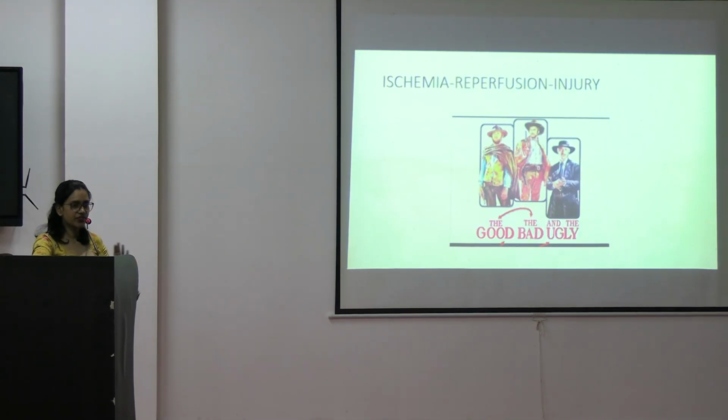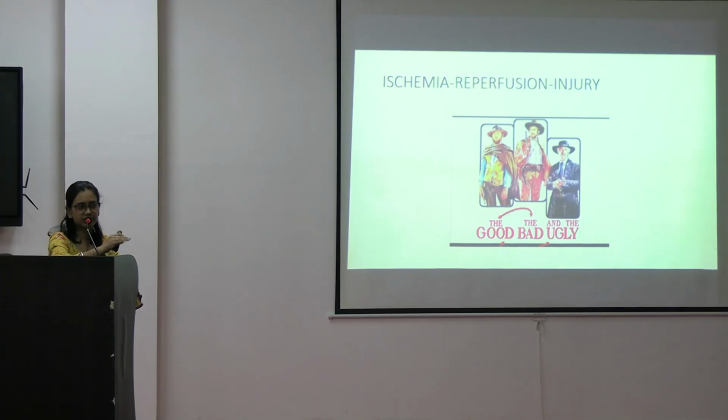Now with the concept of cell injury and the concept of free radical injury, we have to understand ischemia-reperfusion injury. This ischemia-reperfusion injury is basically the good, the bad and the ugly. Can anybody tell me which is the good part in it? Okay, we'll first start with the bad. Which is the bad part in ischemia-reperfusion injury?